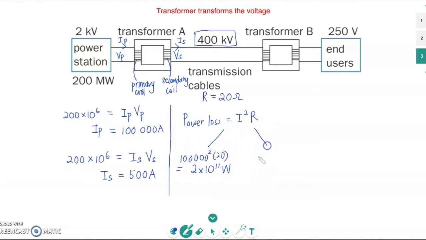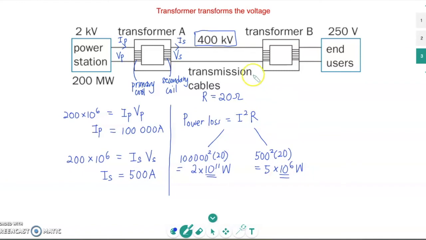However, if you transmit after stepping up the voltage, with a lower secondary coil current, let's calculate and compare the power loss here. That will be 5 times 10 to the power 6 watts. As you can see, it's significantly lower, with much less power loss.